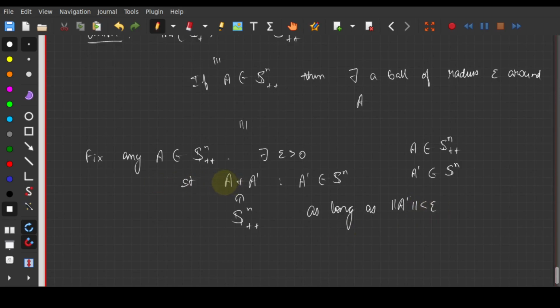So first, let's look at A plus A prime. You fix a particular A, think of it as a point in R3, in the set of all symmetric matrices. Let's look at the set of all A plus A prime, where A prime has norm less than epsilon. What does it constitute?